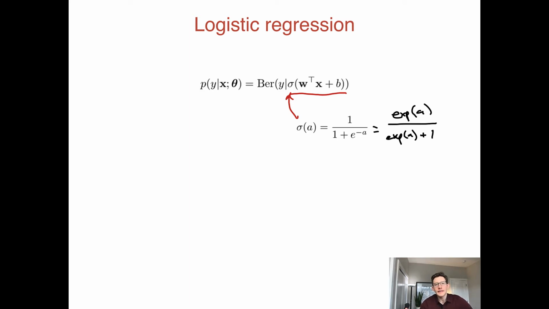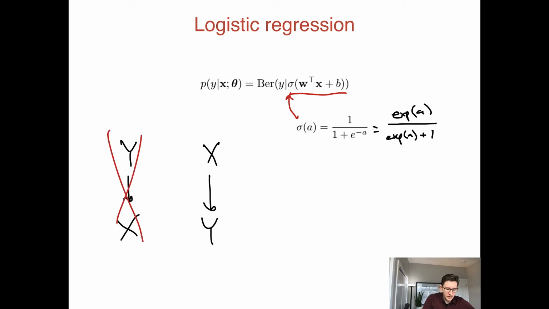Note that we're defining this model very differently than we did those generative models in the last chapter. Those generative models were defined like this. We imagined that x is a function of y, and we defined some generative model of x given y and just used a categorical distribution for y. The logistic regression model we're defining in the opposite way.